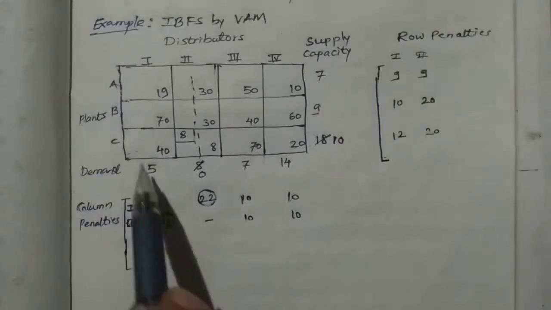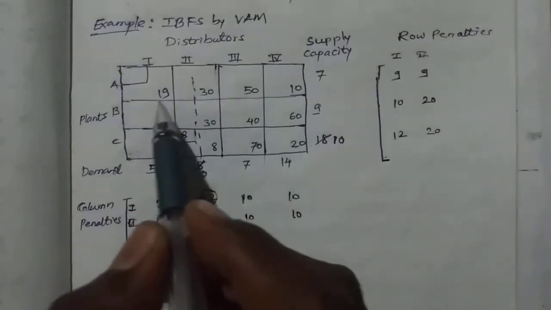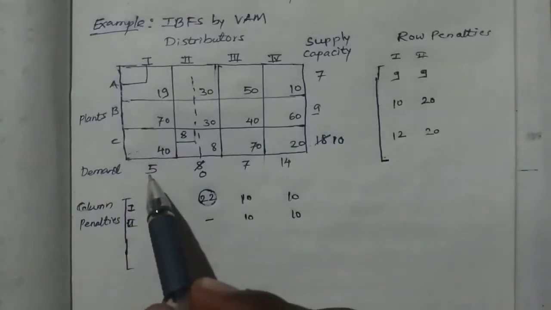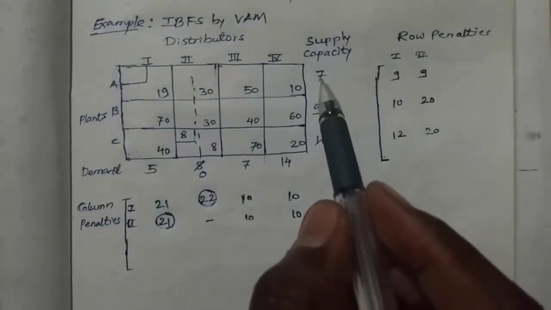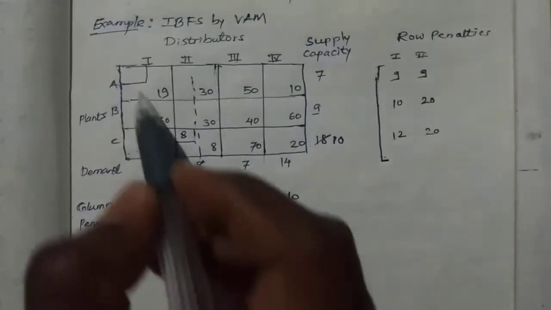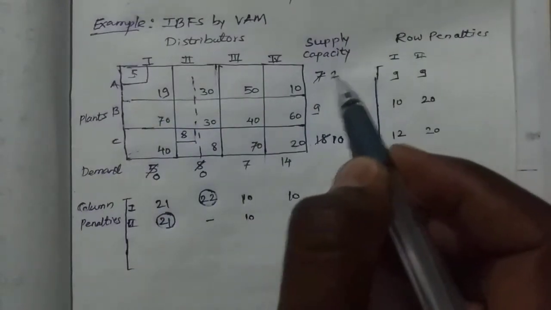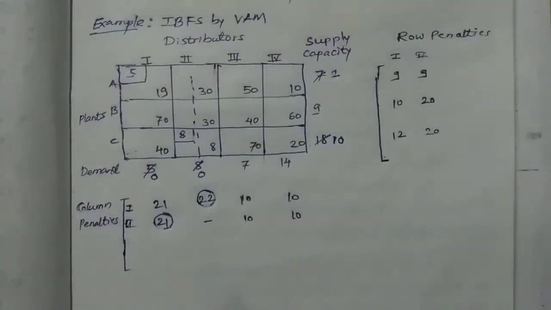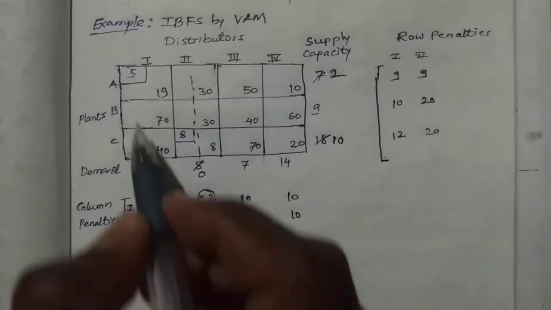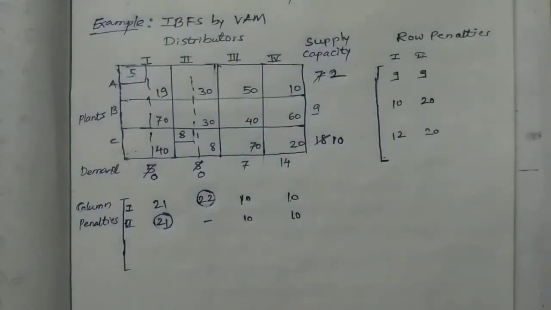Now let us make the allocation in this column where the cost is minimum. So allocation possible is demand is 5, supply capacity is 7, out of which demand can be fulfilled. So 5 minus 5 is 0, 7 minus 5 is 2, right? Now let us eliminate this column from further considerations.